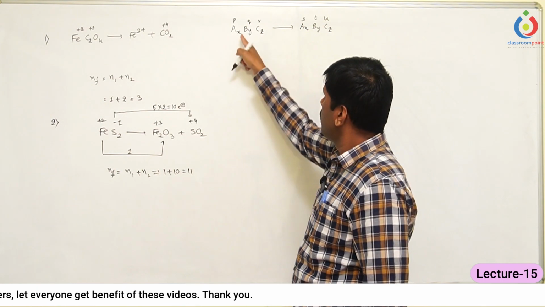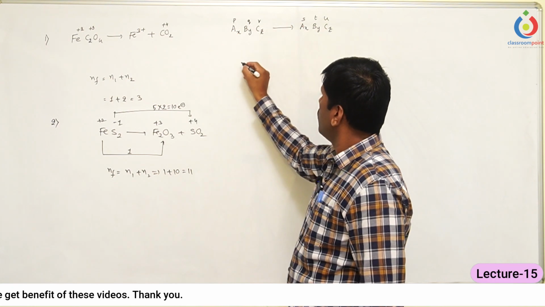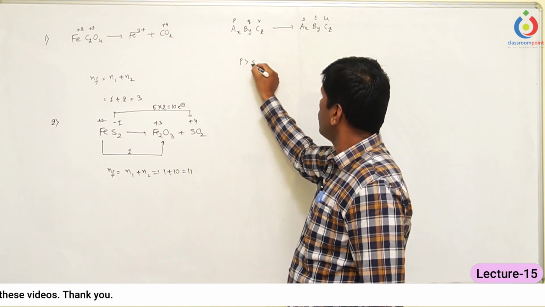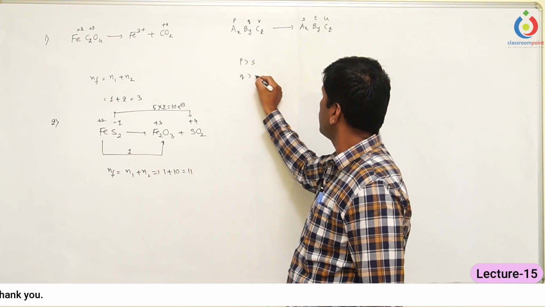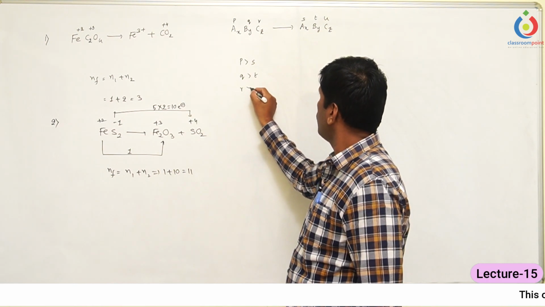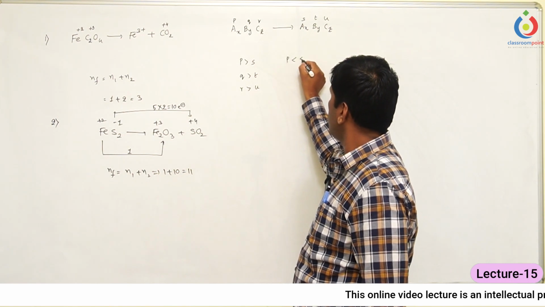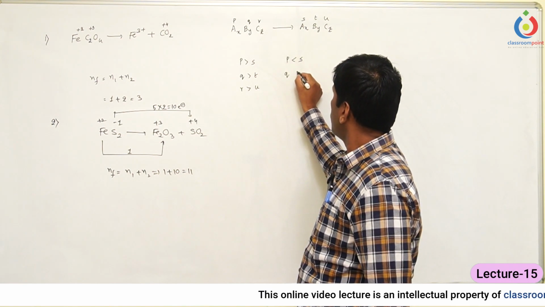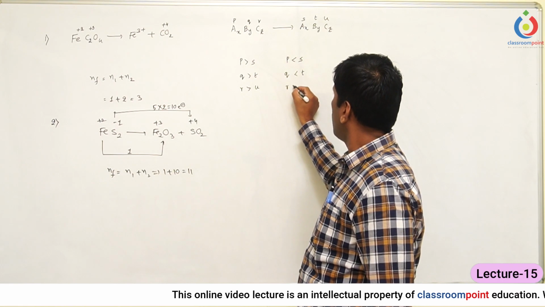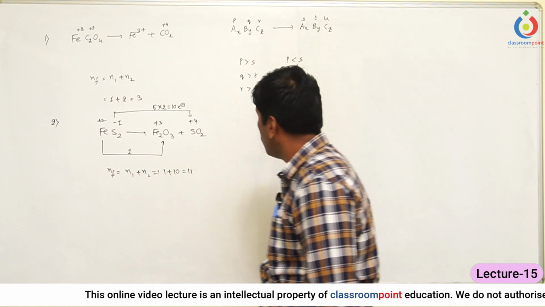Our intention here is the oxidation numbers. P value must be greater than S, Q value must be greater than T, R value must be greater than U, or else P value must be less than S, Q value must be less than T, and R value must be less than U.